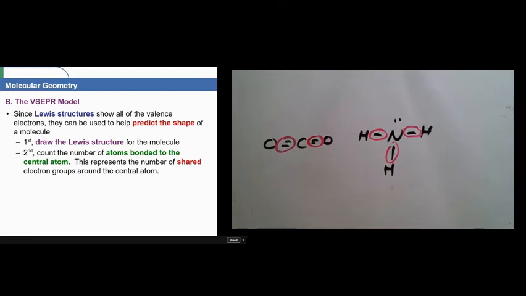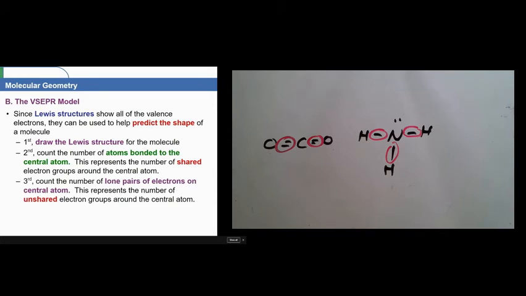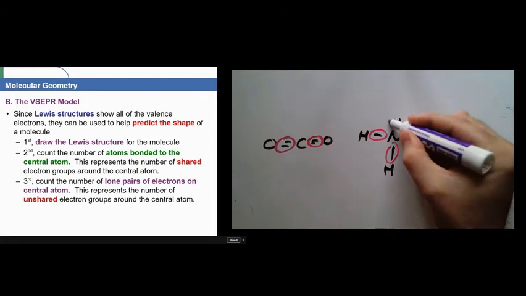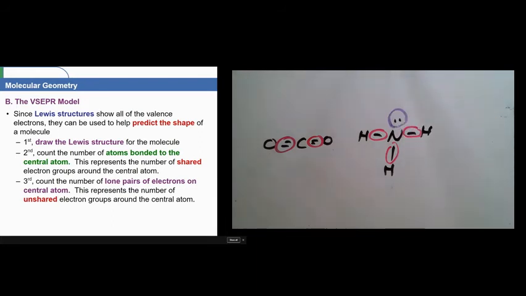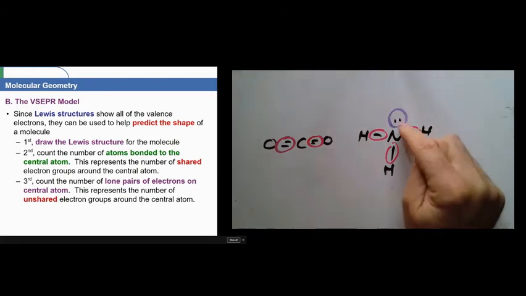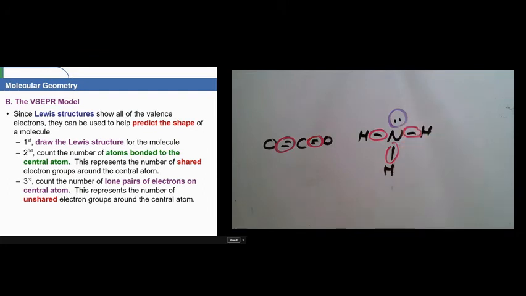And then you count the number of lone pairs of electrons on the central atom. Just the central atom. If any of these guys had electrons out here, you ignore those. It's only the central atom that matters. So this would have a single pair of unshared electrons attached to the nitrogen.